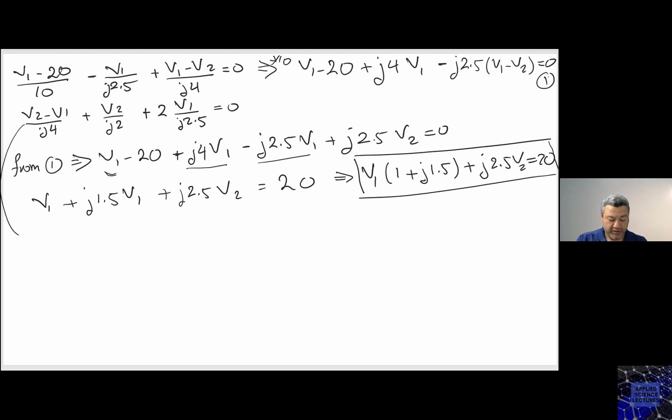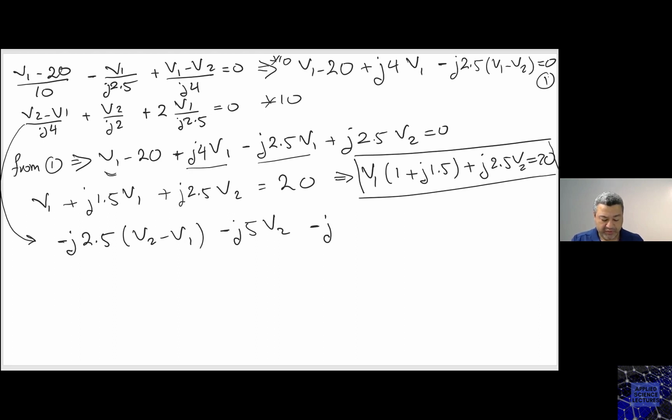The second equation, if you multiply by 10, you have minus j2.5 v2 minus v1, minus j5 v2, minus j.